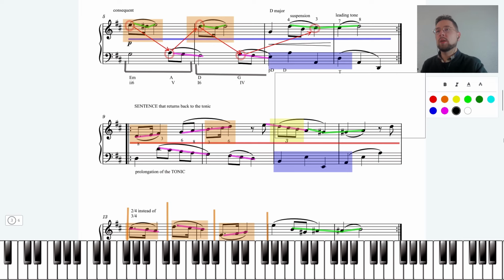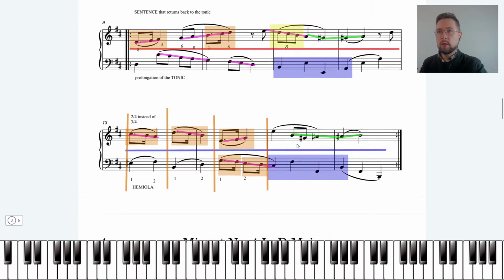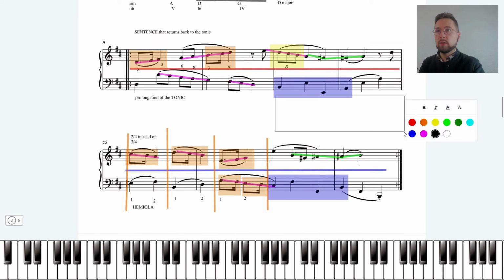The first time we are hearing it in the key of D major, so it's this 2, 5, 1. Then we're hearing it in the key of A major, so it's again 2, predominant, 5, and 1, in the key of A major.